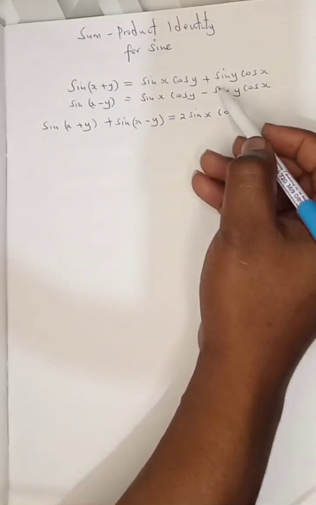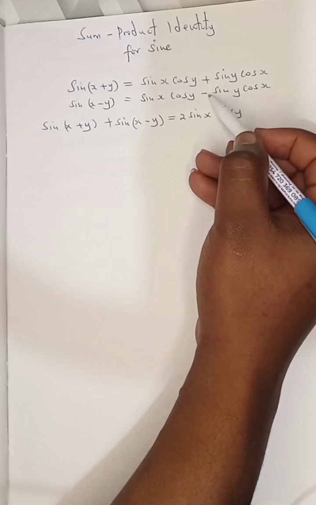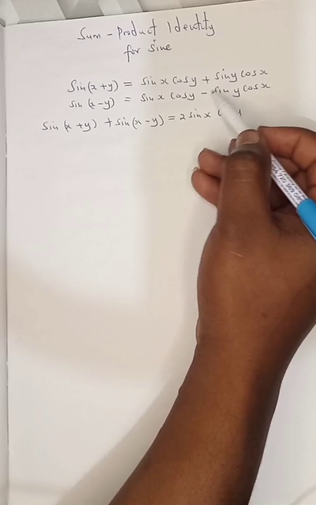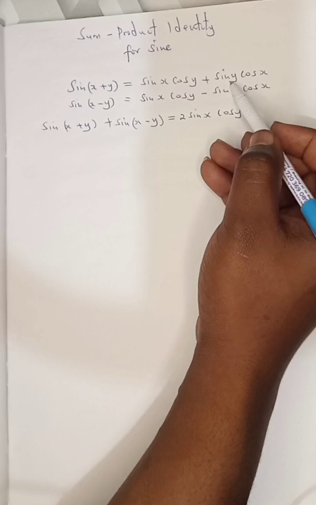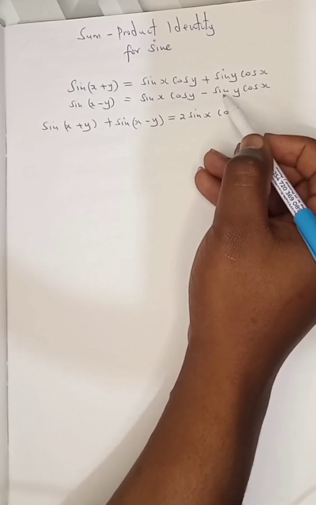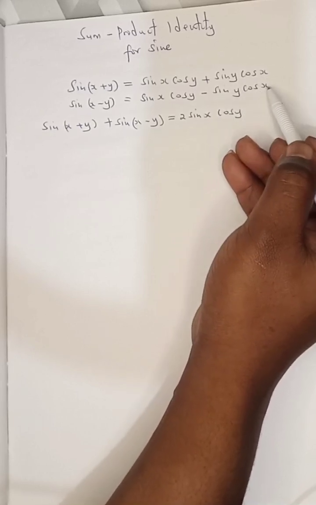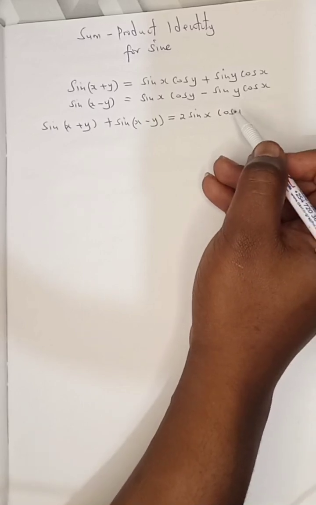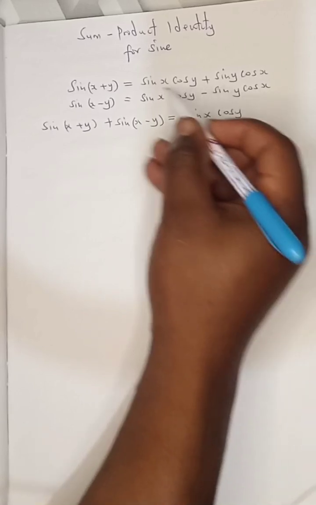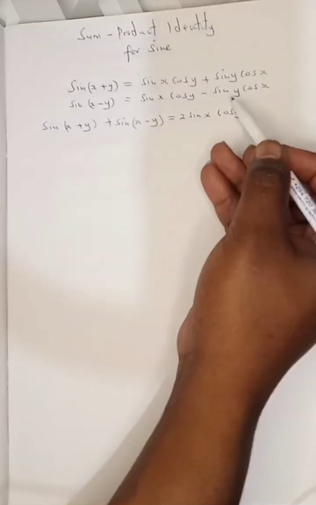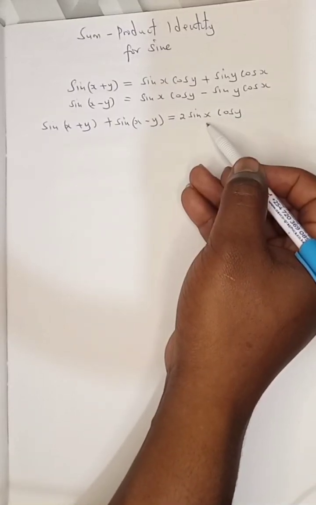Then you can see that here we have positive and here we have negative. So if you add sine of y cosine of x and negative sine of y cosine of x, we are going to get a result which is 0.